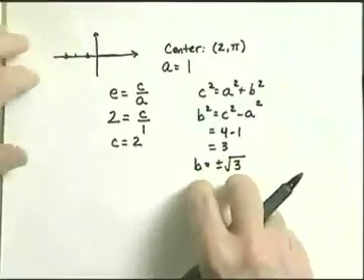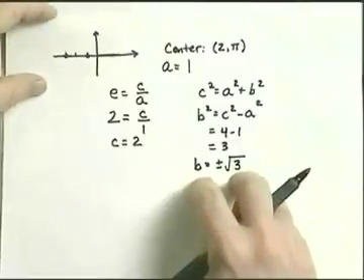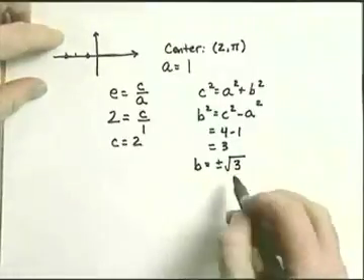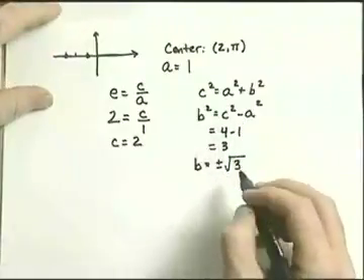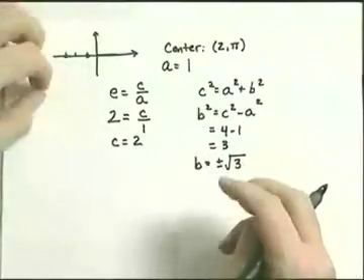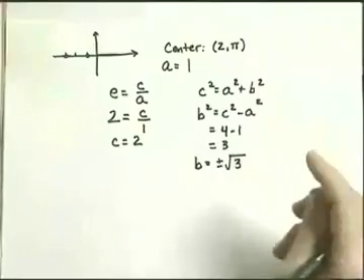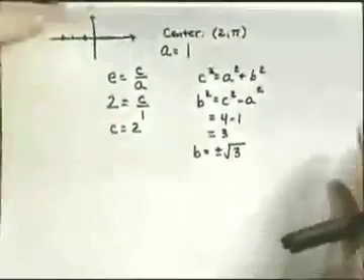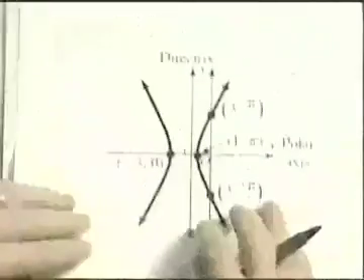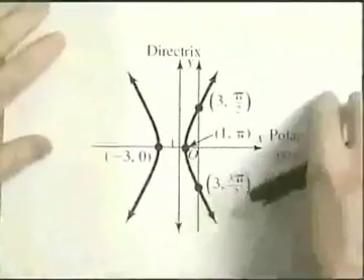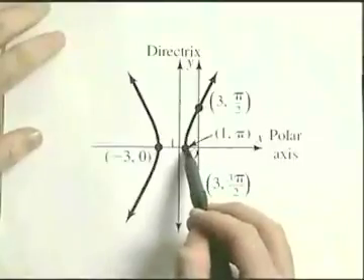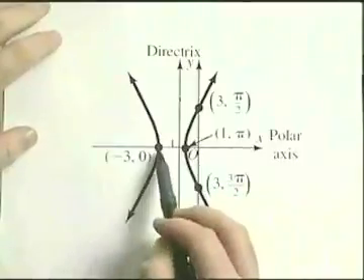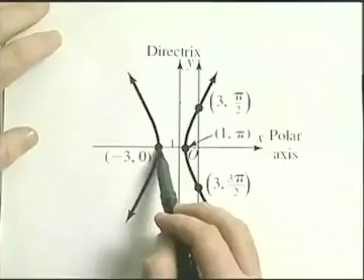Remember, this is going to help me to draw the graph of the hyperbola because I'm going to plot points square root of 3 units above and below the center. It's above and below the center because the branches open left and right on the hyperbola. If I put all this information together, I obtain the graph of the hyperbola. What I've done here is plotted my vertices at 1 comma pi and negative 3 comma 0.